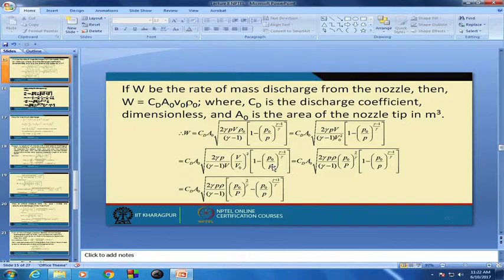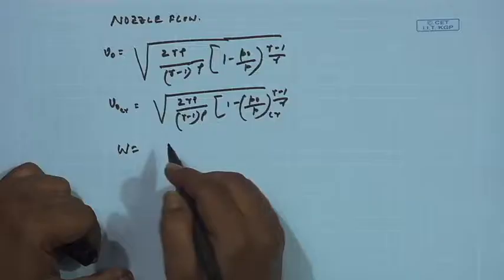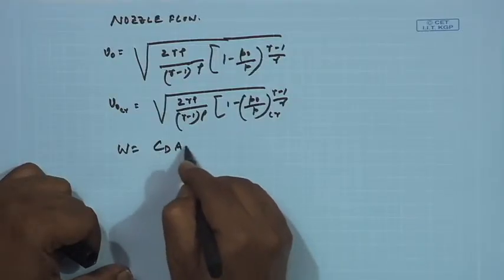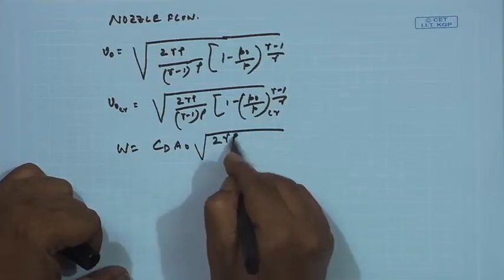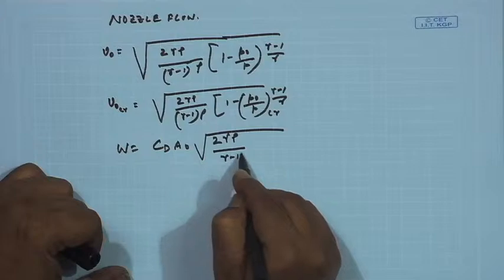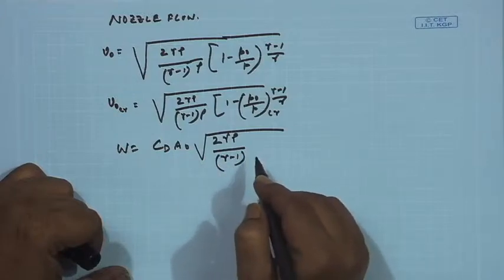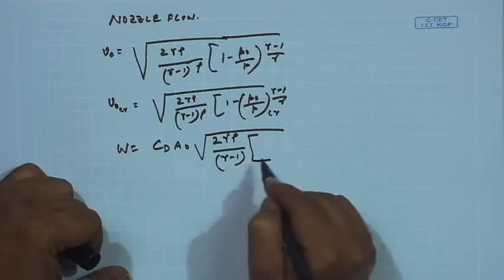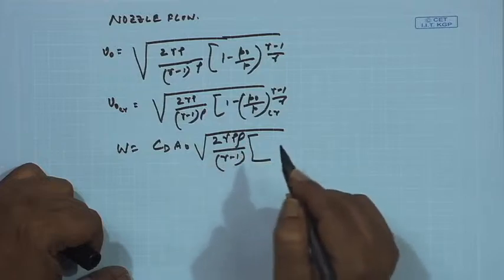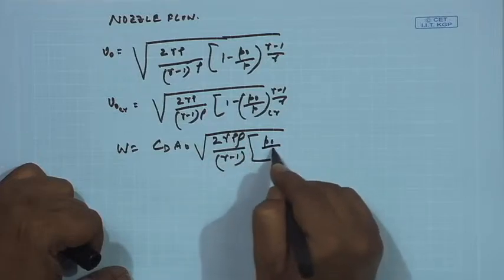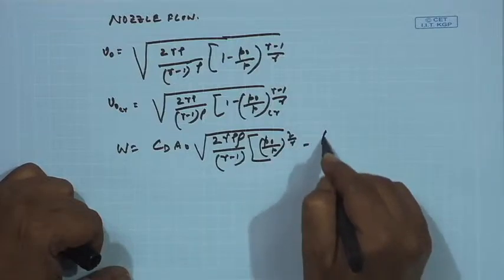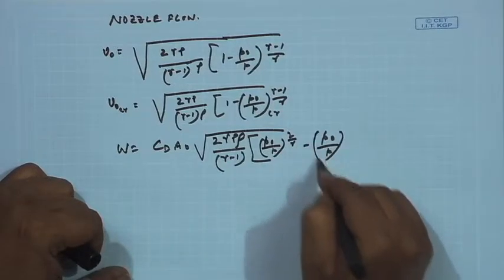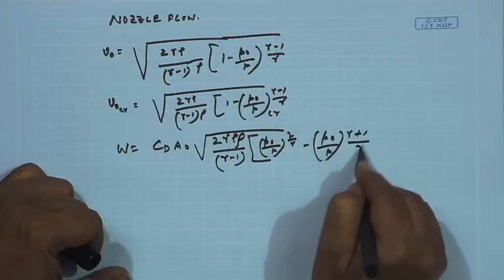The discharge W was given as CD A0 under root 2 gamma p rho by gamma minus 1, into p0 by p to the power 2 by gamma minus p0 by p to the power gamma plus 1 by gamma.